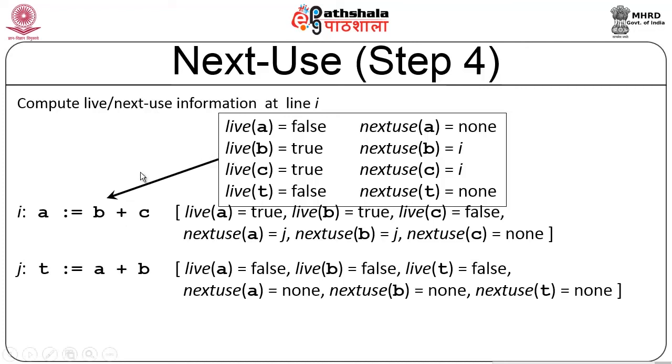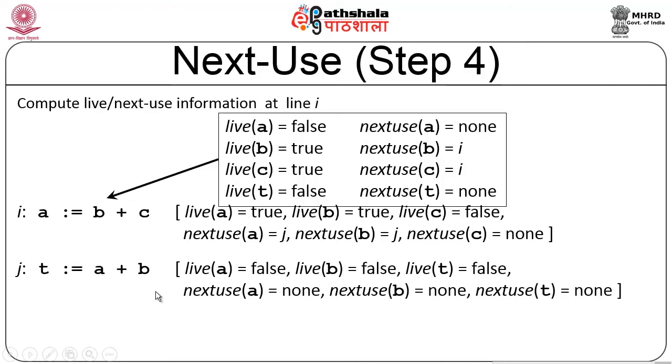So, this will be available before looking at line number I. So, supposing B is already in a register here, I will avoid instructions to move B to a register or C to a register because they have to be in a register for computation here and they are required at line number I. So, I will have this information before looking at line number I itself, therefore, it is going to be useful, okay. So, this next use information is going to be required for us to generate optimized code as well as optimized register allocation for our situation.